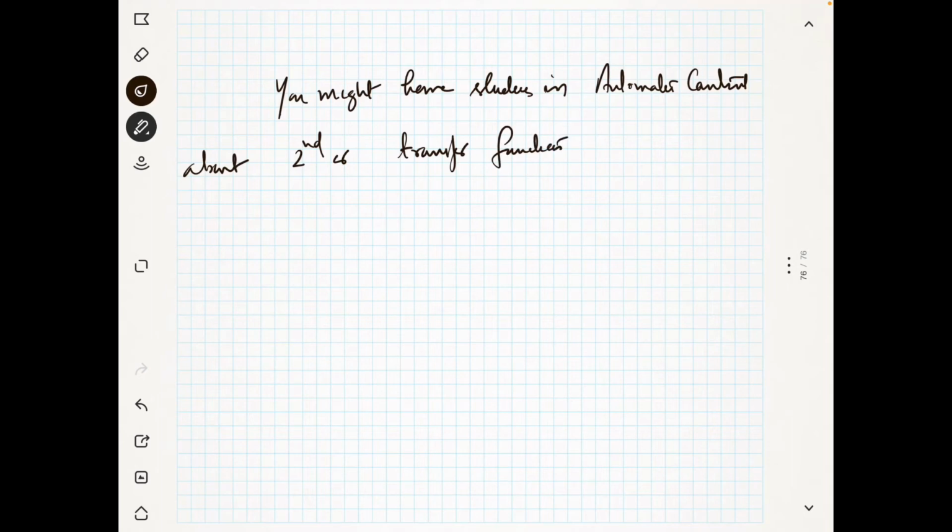What is that second order transfer function? It is given as omega n square divided by s square plus 2 into theta into omega n into s plus omega n square, and this number theta is the damping ratio.